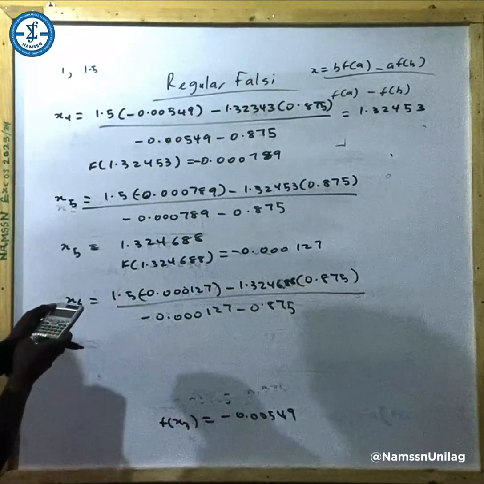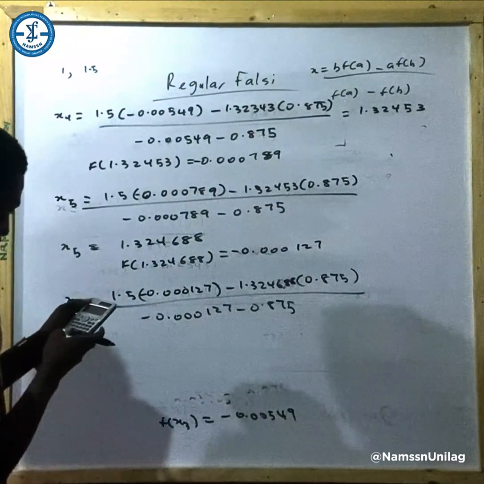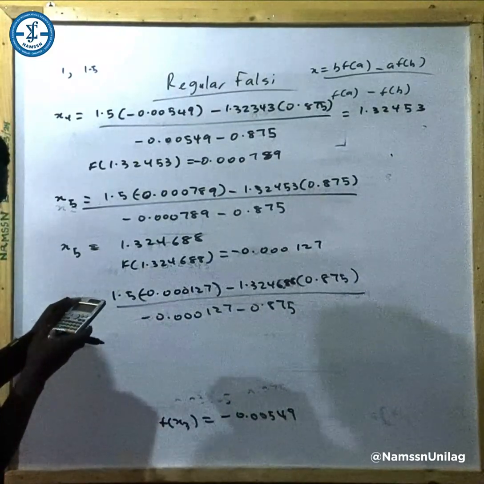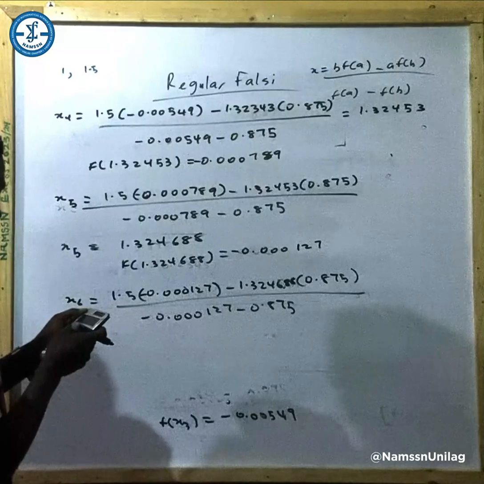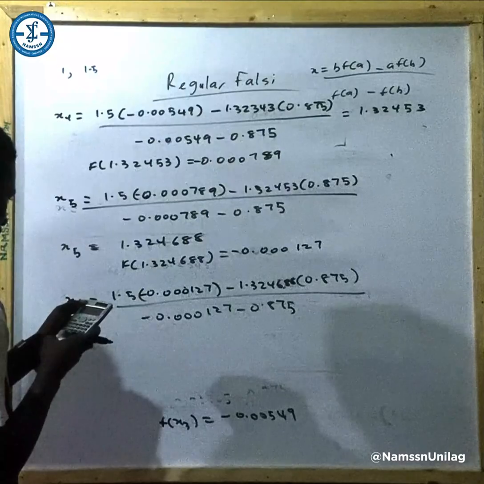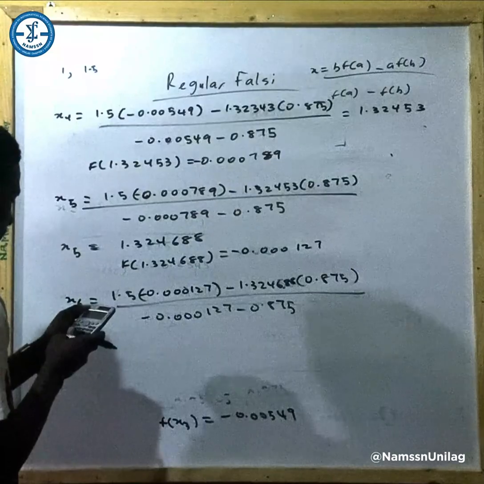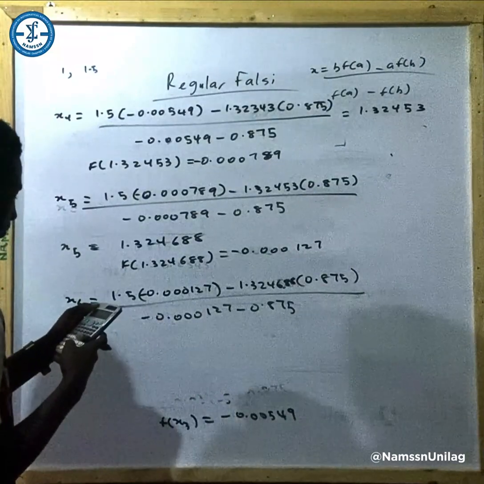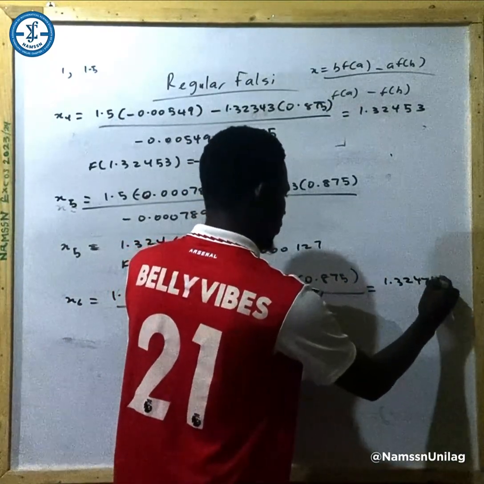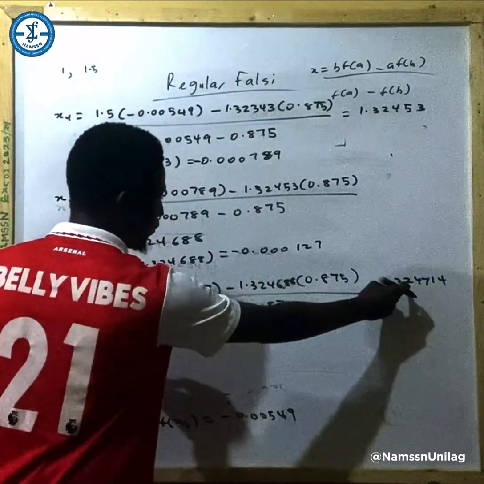So in our answer we have 1.324714. So I have 1.3247.